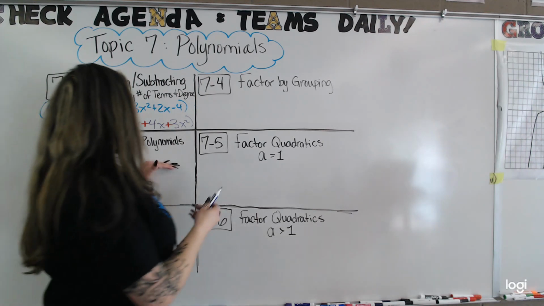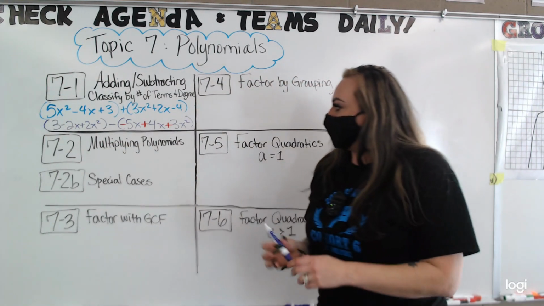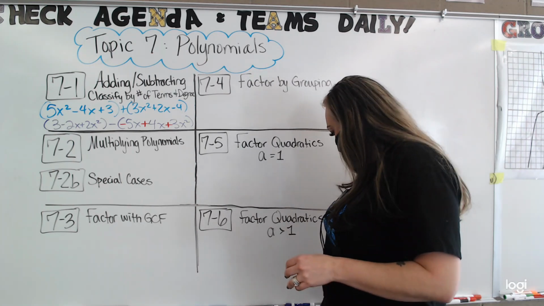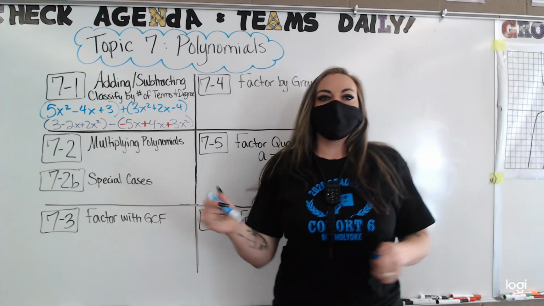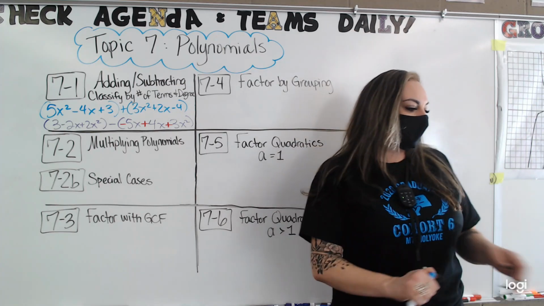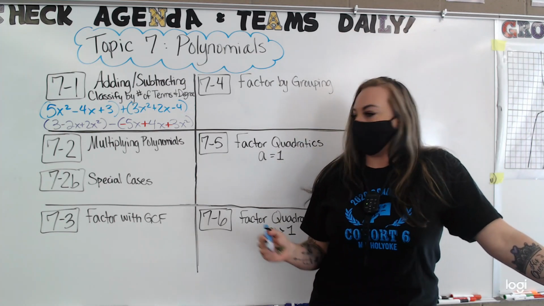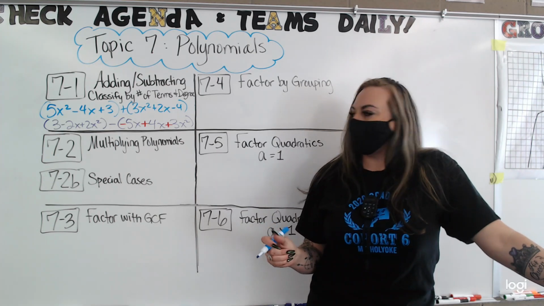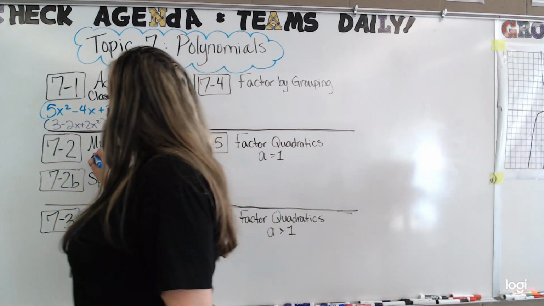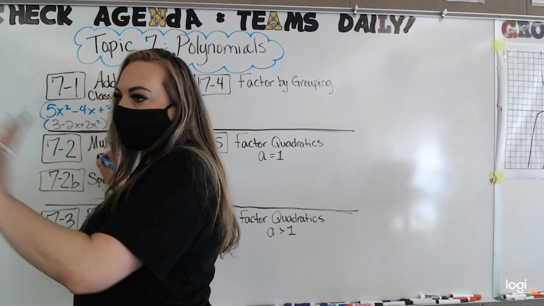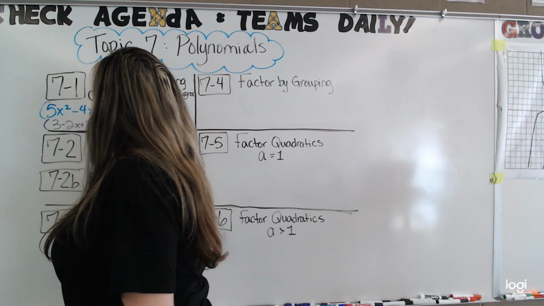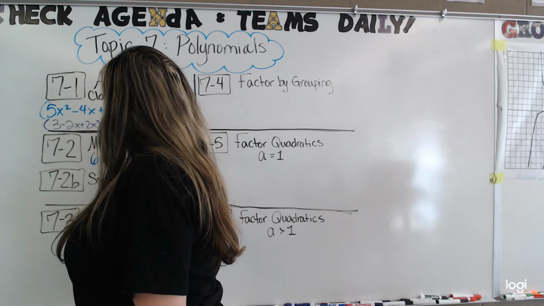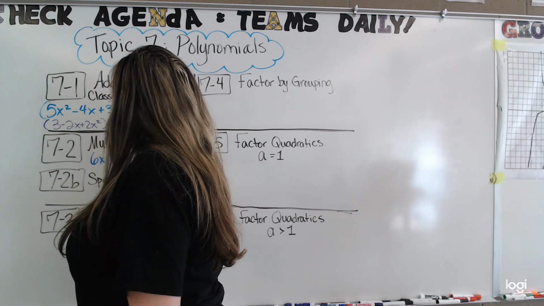Okay, next lesson we did was multiplying polynomials. And so give me an example of that. Somebody different, please. Dylan. 6x minus x squared minus 4x minus 3.